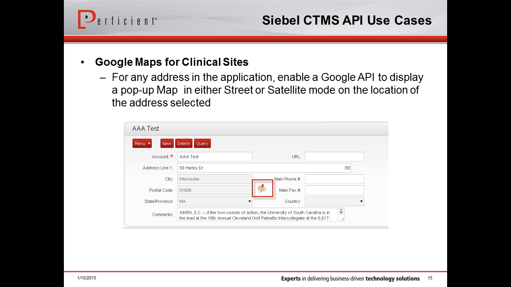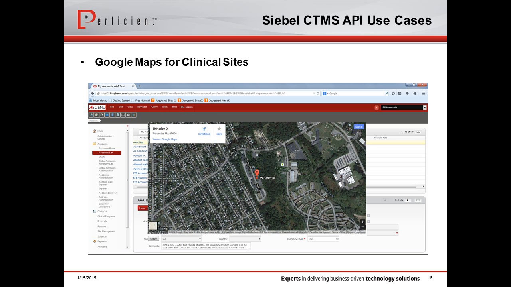Currently, we may take that address information, copy it out of Siebel, open up a Google Maps window, and paste it in there to get directions, a bird's eye view, look at where they're located, or even see what's nearby that particular address. With Siebel OpenUI, we can utilize the Google Maps API and display that map information for that address in the system, either in street or satellite mode. So you can embed that directly in the application.